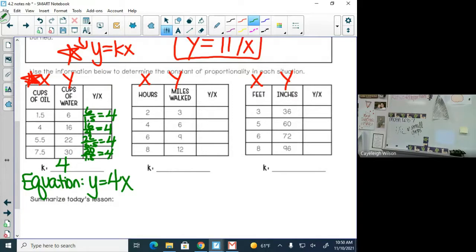I know, but I did the whole paper. Wait, you did the whole entire bottom too? No. Oh, that's a surprise.